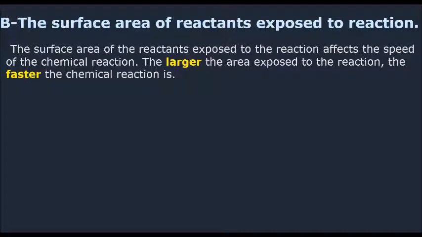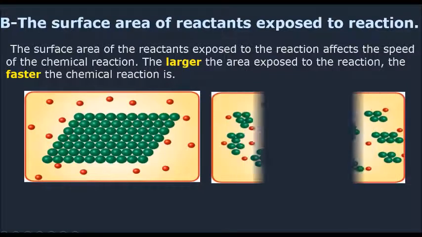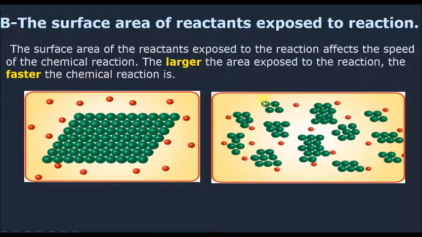Let's see. The surface area of reactants exposed to the reaction affects the speed of the chemical reaction. The larger the area exposed to the reaction, the faster the chemical reaction is. Let's say that this is the cube of sugar and this is sugar particles. Here, this particle, only part of it is exposed to the molecules of water.